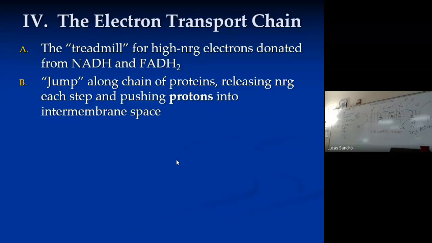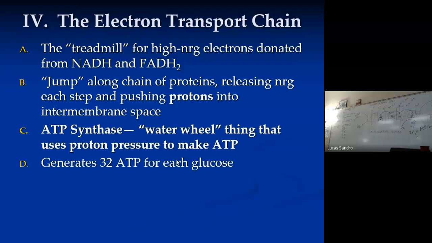The work that gets done because of that energy is protons being pushed into the intermembrane space. That's this space between the two mitochondrial membranes. And those protons leaking back through, because they really want to, spins the ATP synthase and powers the production of a buttload of ATP.